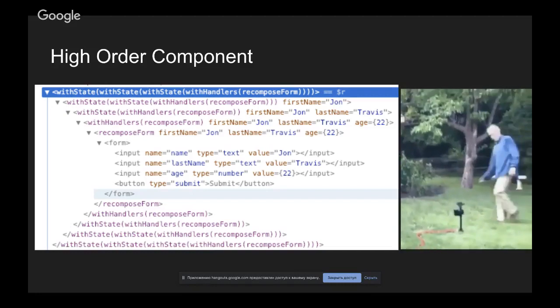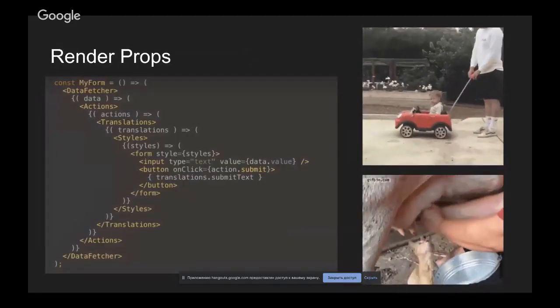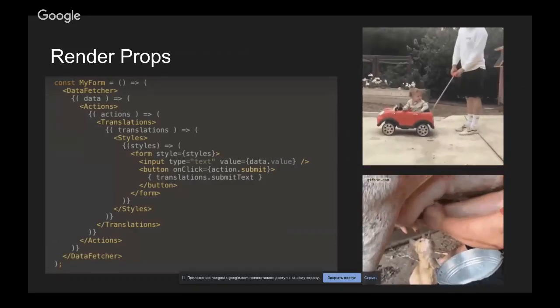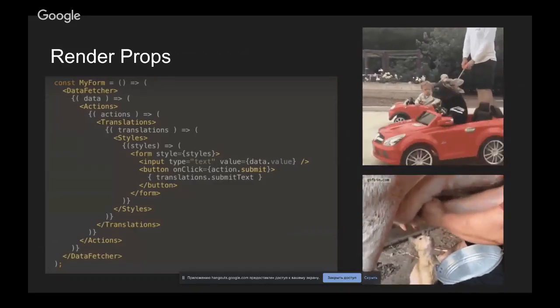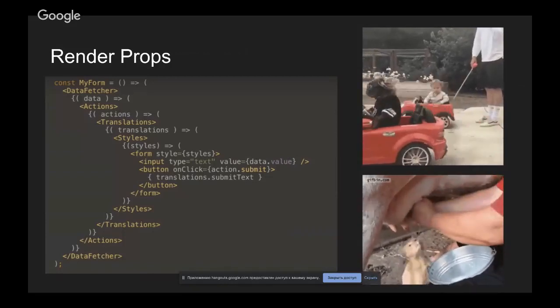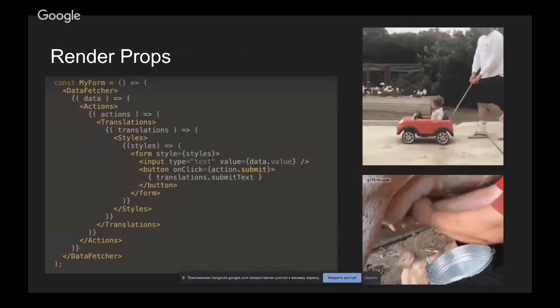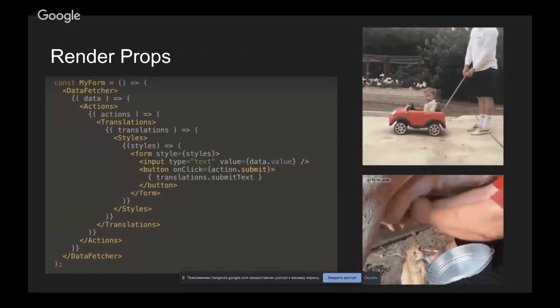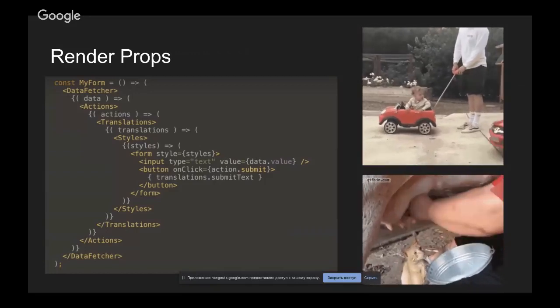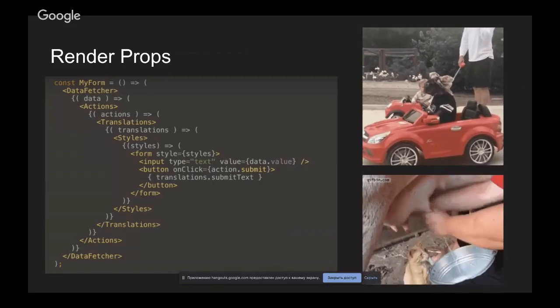Also, we can use render props, but in a large application we will see a similar situation: wrapper hell in our code. The next thing we can do is use React context.